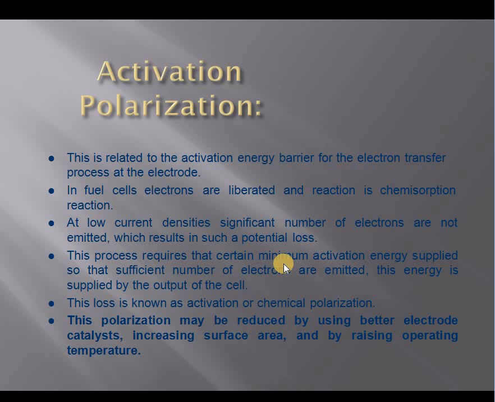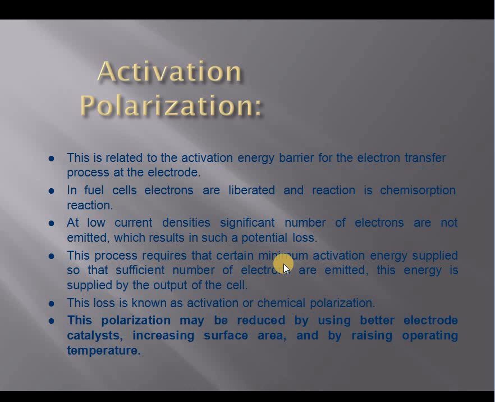In this activation polarization, the fuel cell's electrodes are liberated and the reaction is a chemisorption reaction. At low current density, a significant number of electrons are not emitted, which results in less potential. So this process requires a minimum activation energy so that a sufficient number of electrons are emitted, and this energy is supplied from the output of the cell.